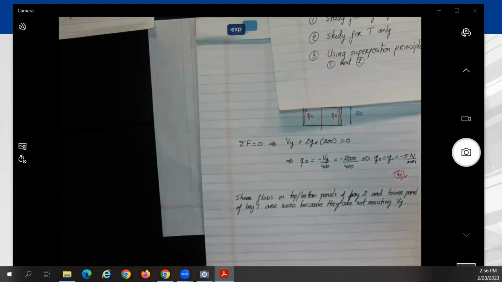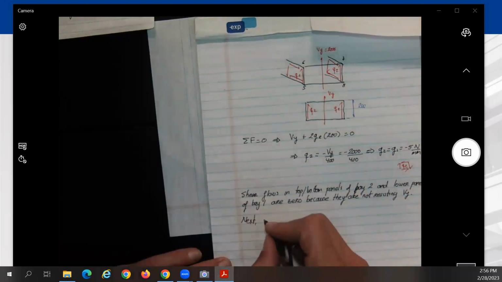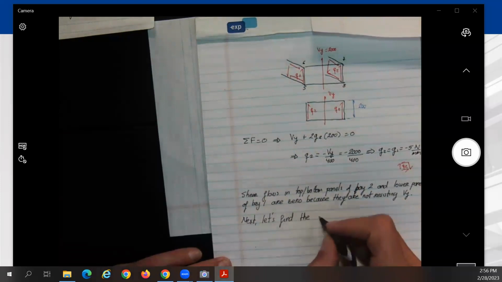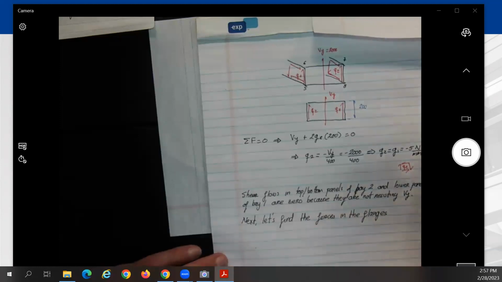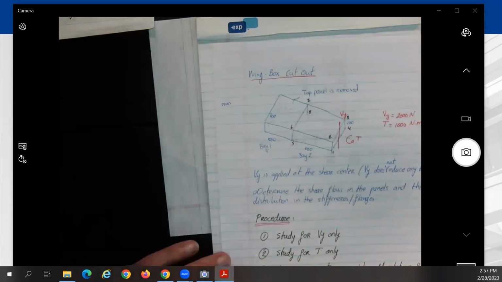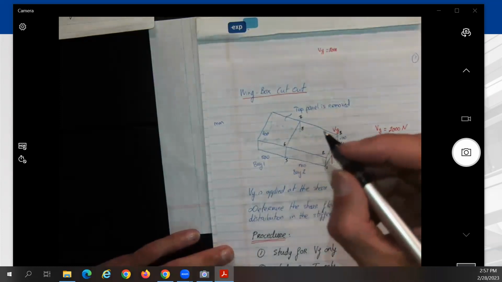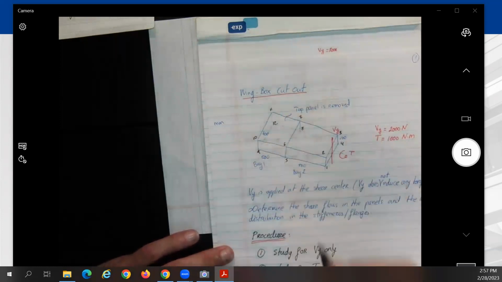Okay, so now we are done with the shear. Now let's find the forces in the flanges. Maybe let me keep using numbers since I started using numbers here: 5, 6, 7, 8, 9, 10, 11, 12.